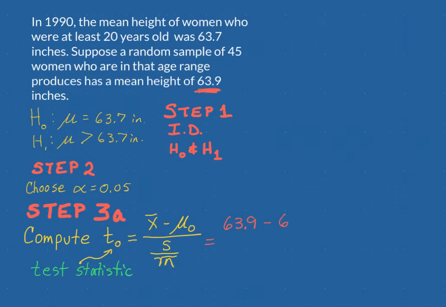Well, that was 63.7 inches. And we're dividing that by the standard deviation. If you notice, we have the number in the sample. That number is 45, so we have the square root of 45 down here.